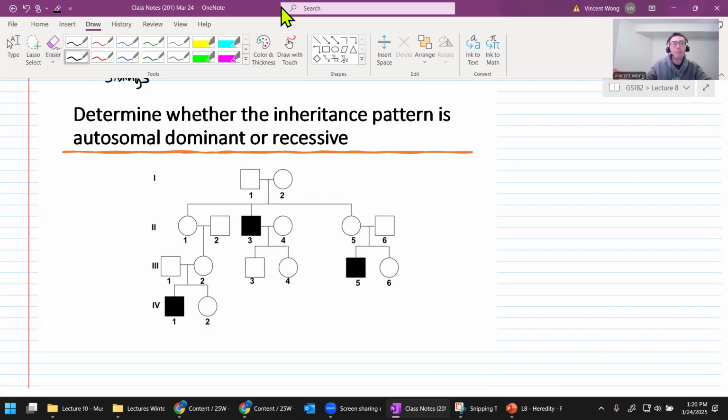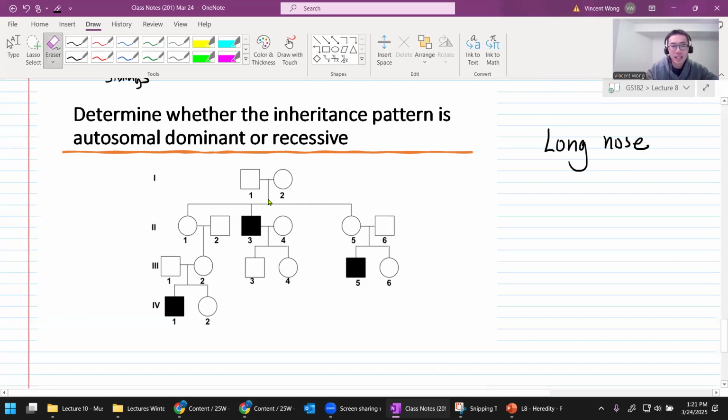Maybe I'll make up a trait so that it's easier to keep track. Let's say a long nose. This is just made up, like an extra long nose, longer than ordinary.